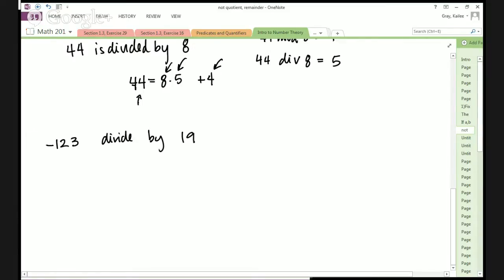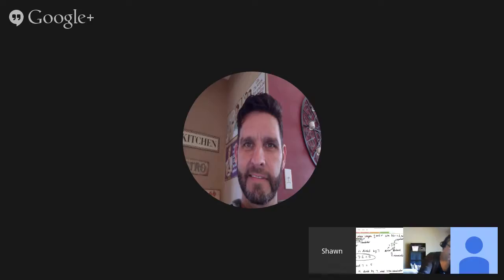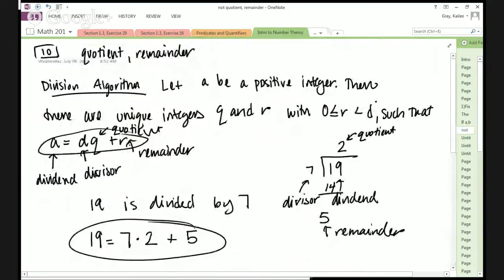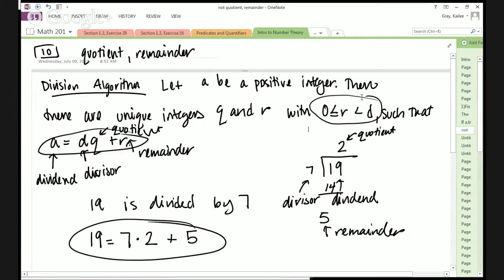The thing to remember with the division algorithm is that our remainder is positive. That's the issue that comes up with these negative values, because instead of just dividing it and then adding what's left over, we actually have to go over, but really under the negative value.